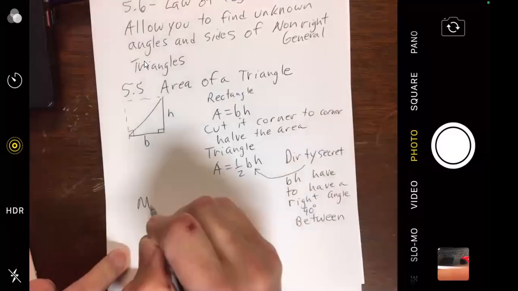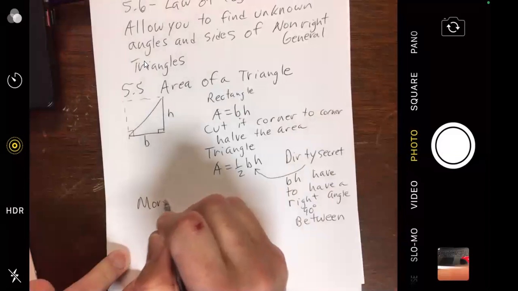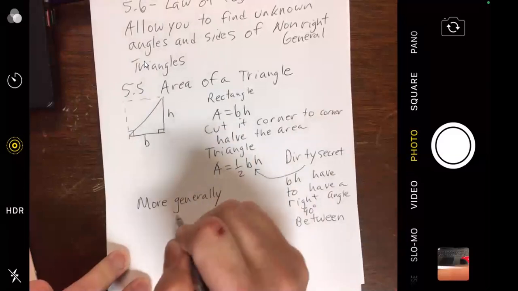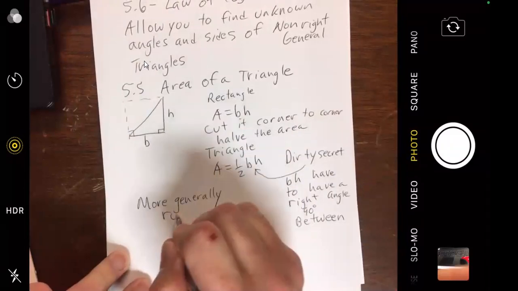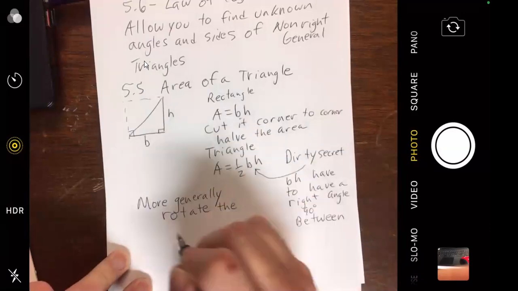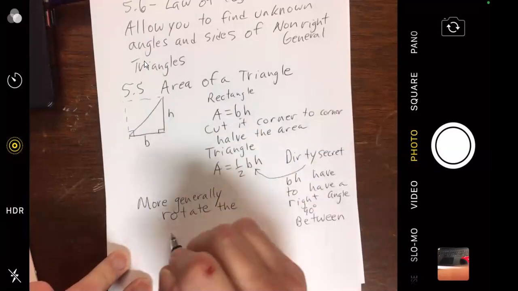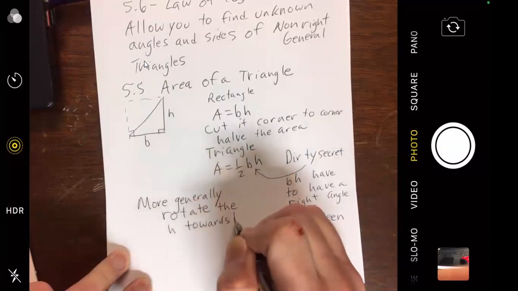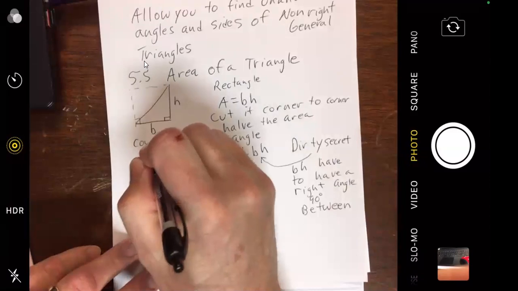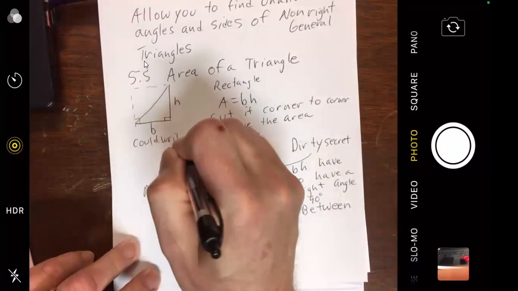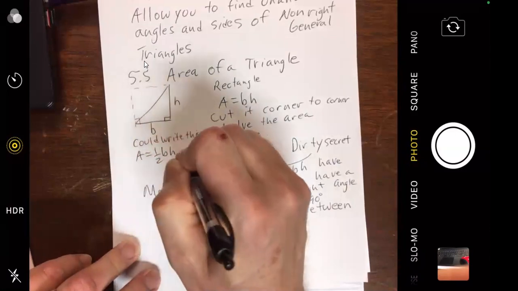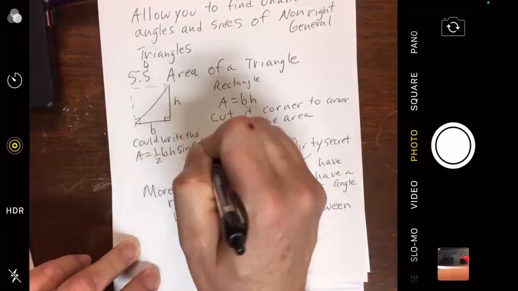So more generally, rotate the H toward B. And we should point out that you really could write this as 1/2 base height sine of 90 degrees.